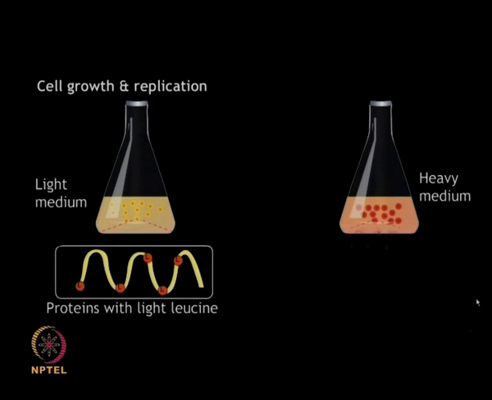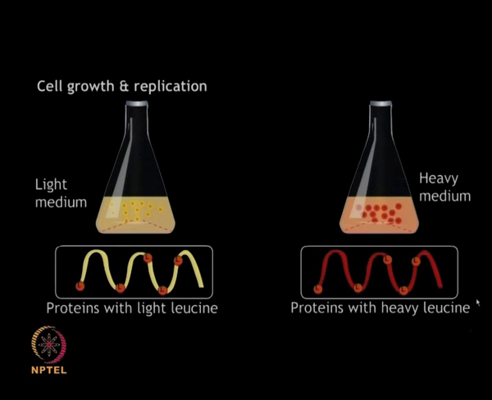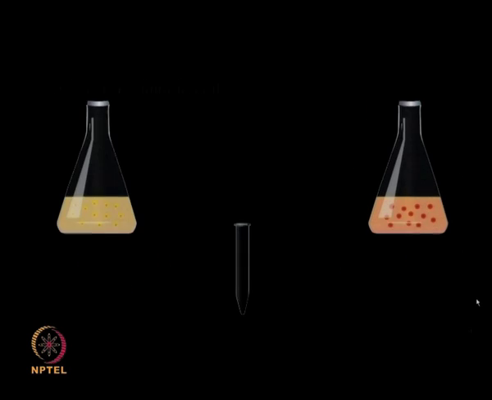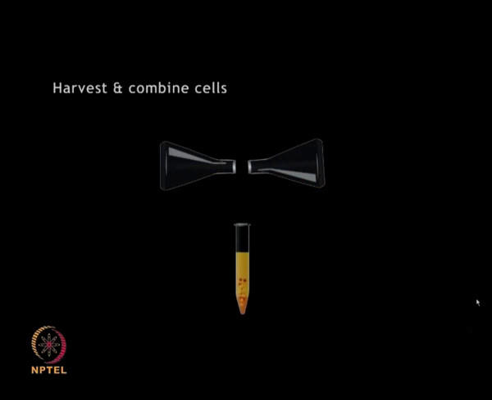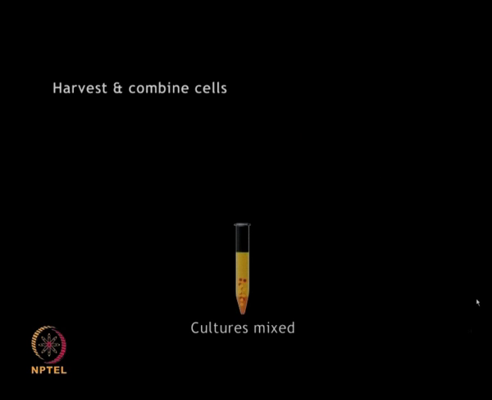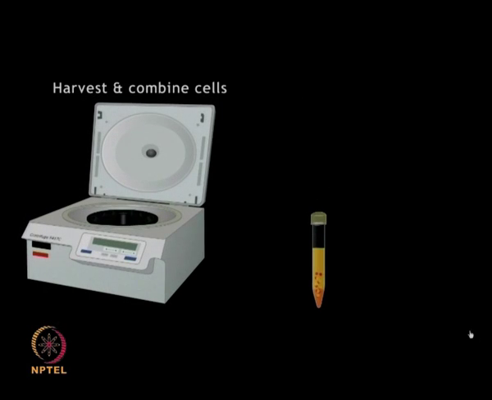The essential amino acids which are obtained from the cell culture medium are incorporated into the corresponding newly synthesized proteins during growth and replication. The medium containing the heavy amino acids will give rise to heavy isotopic proteins.